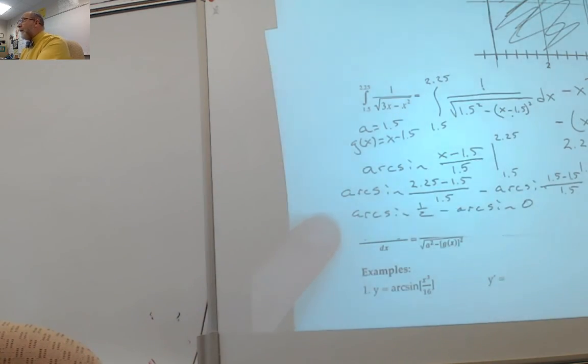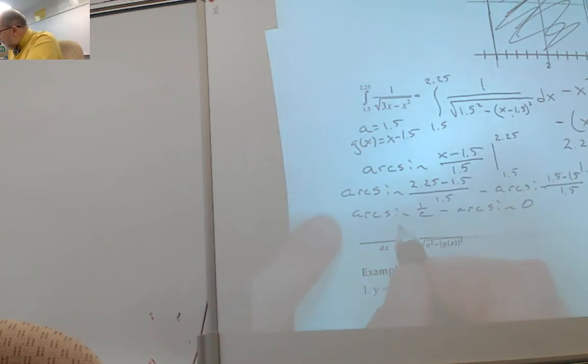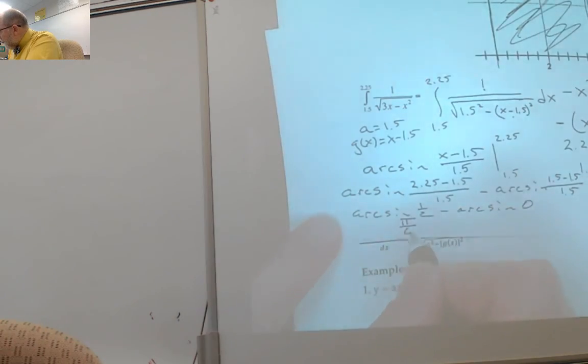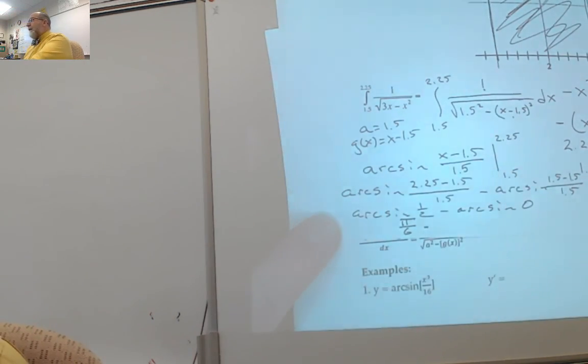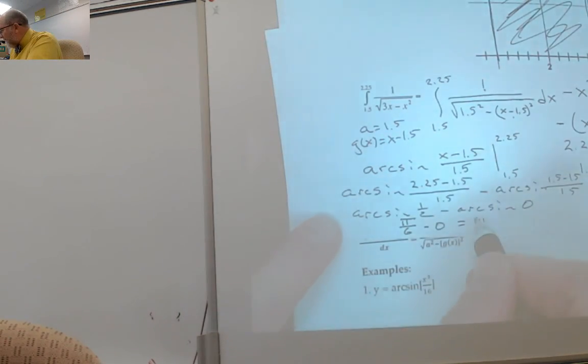That's why I like trig, because I like pi. Pi over what? Well, your choices are pi over 6, pi over 3, pi over 4, pi over 2. Pi over 6, minus the arc sine of 0, which is 0. And your answer is pi over 6.